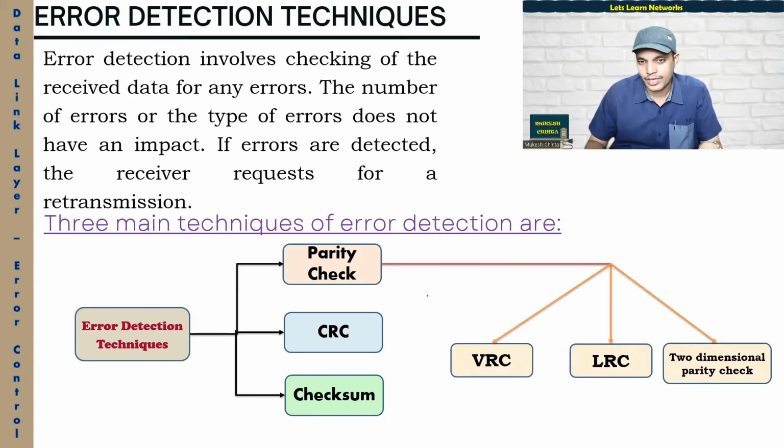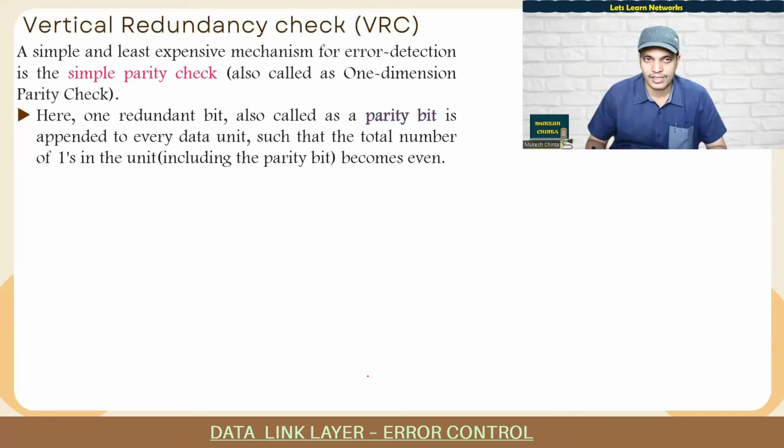Under parity check, we have the vertical redundancy check, VRC. The second category is longitudinal redundancy check, LRC. And the third one is 2-dimensional parity check, or 2D check, as we call it. So these are the 3 popular error detection techniques: parity check, cyclic redundancy check, and checksum. So let me start with the first, which is your VRC technique.